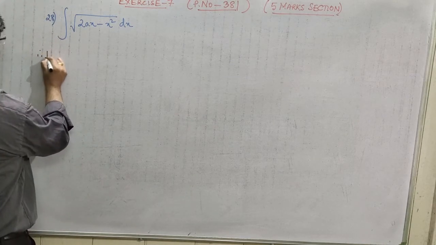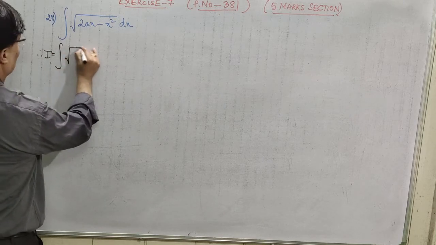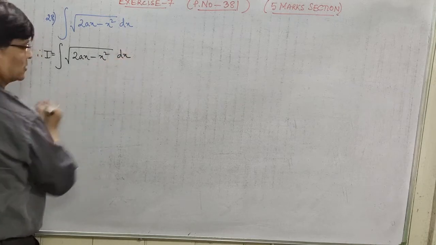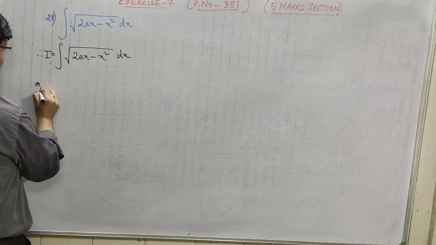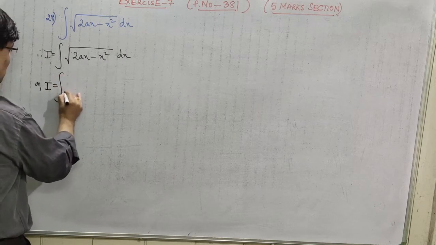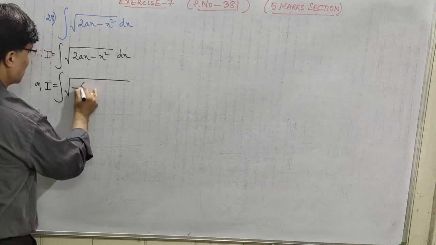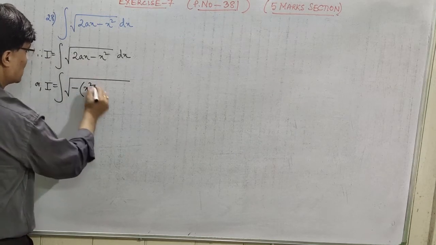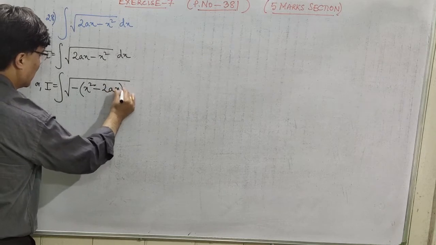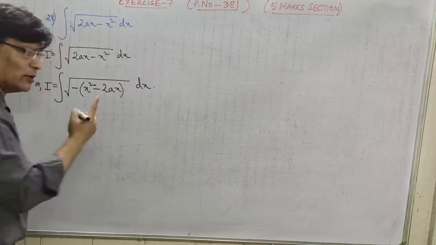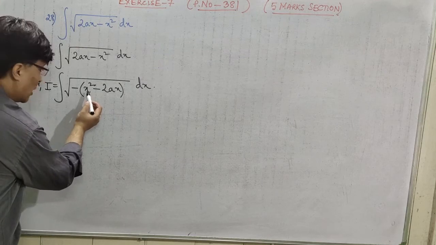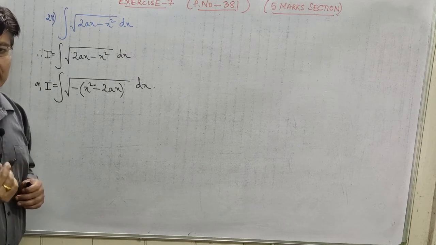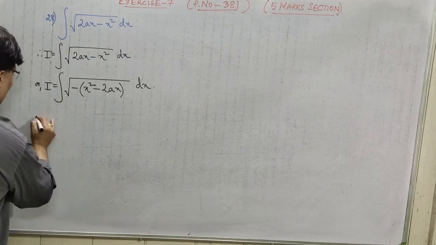So let us write here I is equal to integration of within square root 2ax minus x square dx. Let us make the coefficient of x square positive 1 first. Integration of within square root, minus is taken common, within bracket what do we get? Minus into minus plus x square, minus into plus minus 2ax, then outside square root there is dx. Now both the terms are there, x square and the term containing x. Let us convert into perfect square, that is a square minus 2ab plus b whole square.